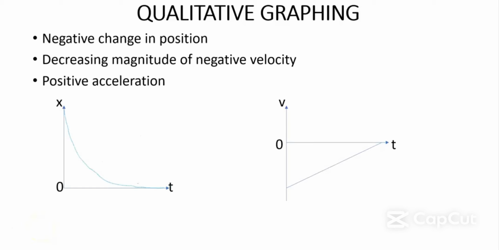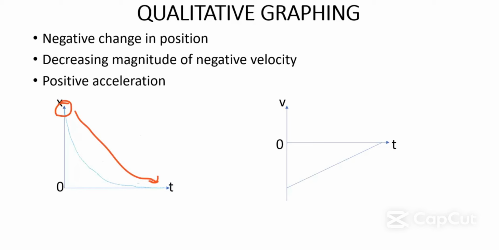Now the next graph is this. Looking at the position versus time and velocity versus time, we see that the line is going down in a different direction. And this is called a negative change in position. Apparently because the position started from the highest point here, then is decreasing down this way.